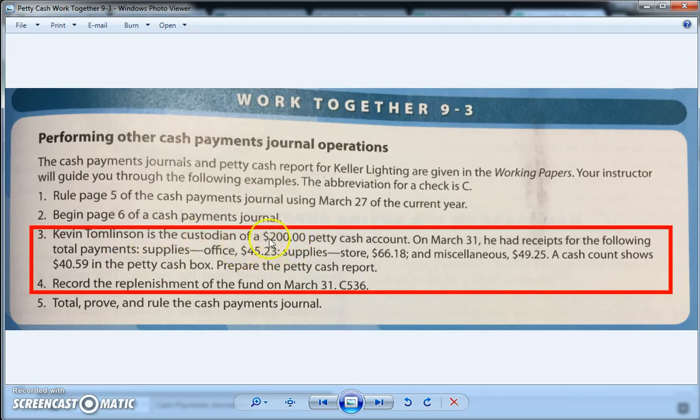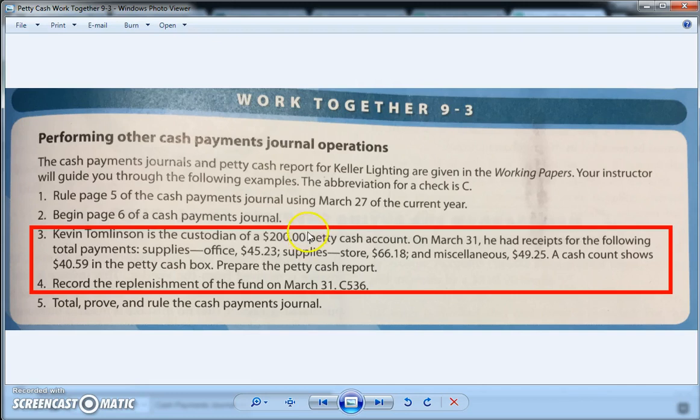So Kevin Tomlinson is going to put in enough money so that the value of the petty cash goes back to $200. The accountant will do this at any time. It doesn't matter if it is the first day of the month, the last day of the month, or the 17th of the month. Whenever the petty cash fund gets below a certain amount, that is when this activity happens.